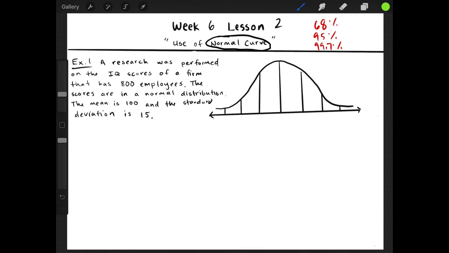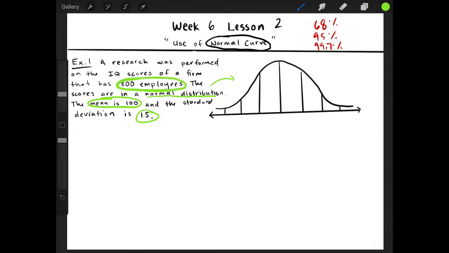They're not giving you that information for no reason, so let's emphasize there are 800 employees. The scores are in a normal distribution. When it says that, it just means we can use the normal curve over here to the right. The mean is 100. That definitely seems important. And the standard deviation is 15.